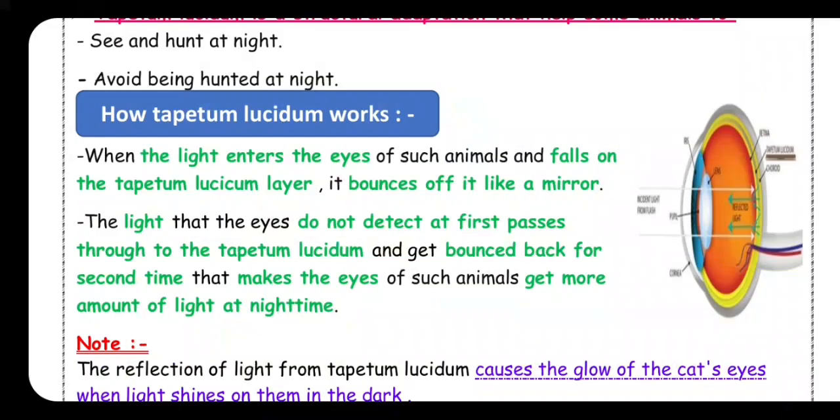Okay? How does tapetum lucidum work? When the light enters the eye of some animals and falls on the tapetum lucidum layer, it bounces off like a mirror. Okay? The light doesn't get absorbed at the first pass. It passes through the tapetum lucidum and gets reflected again for the second time, which makes the eye of some animals get more light at night time. So it will increase the small amount of light, make it a big amount.